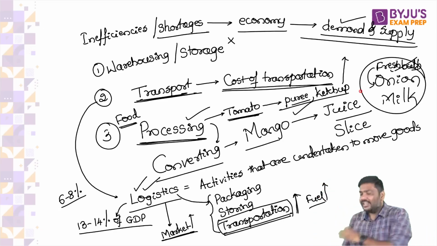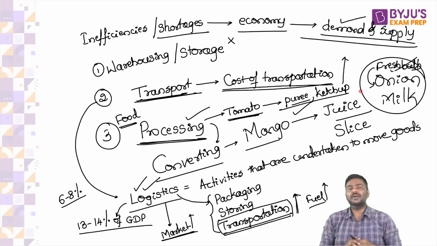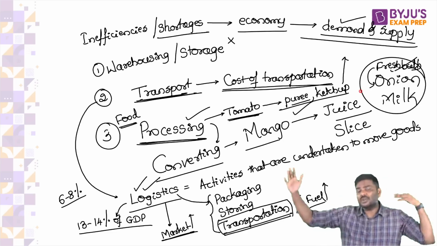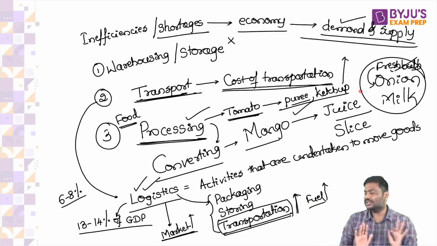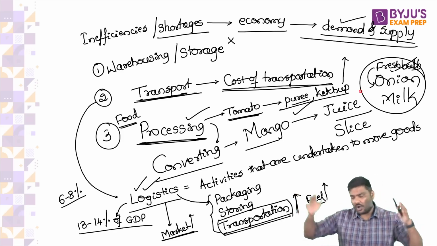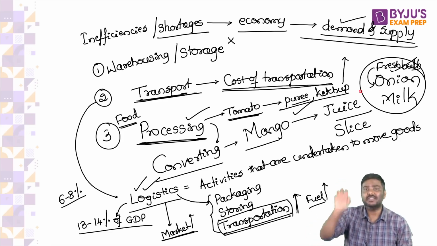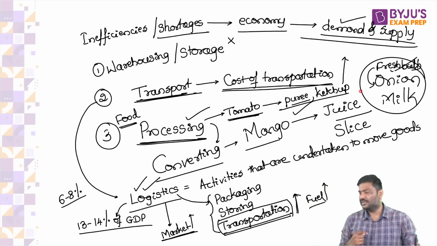In fact, if you're reading newspapers, and please do that, many of the experts say one way, which is a long-term solution for these kinds of problems in the agriculture sector, is to improve processing of agriculture commodities.